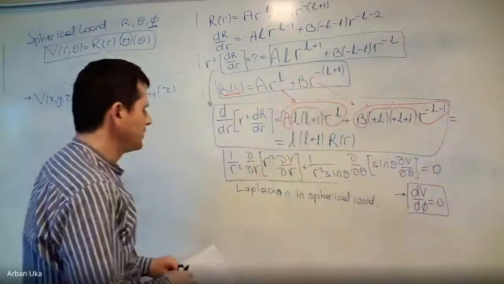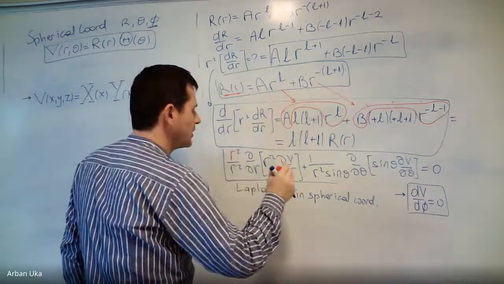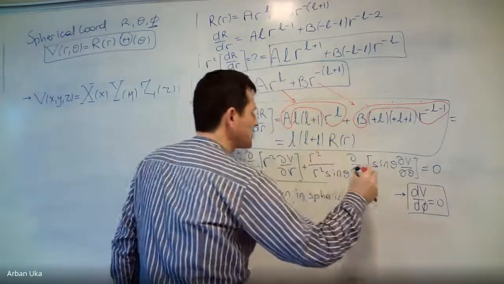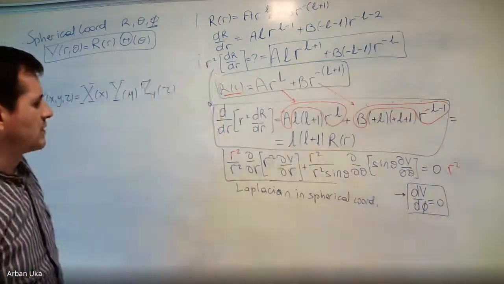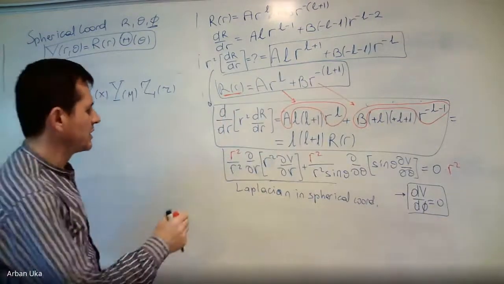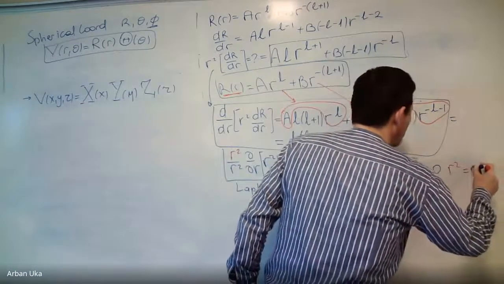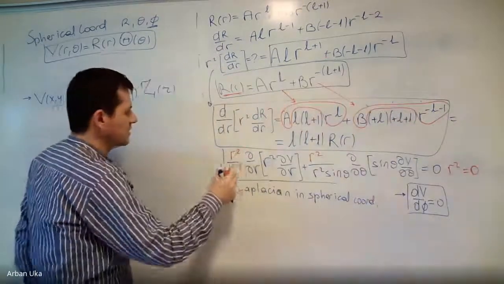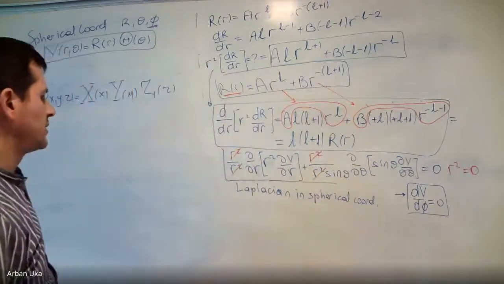If this is 0, we can very easily multiply by r squared, here by r squared, and here by r squared. So we multiply everything by r squared, and this will still be 0. Here we cancel out these terms, and the system gets a little simpler.